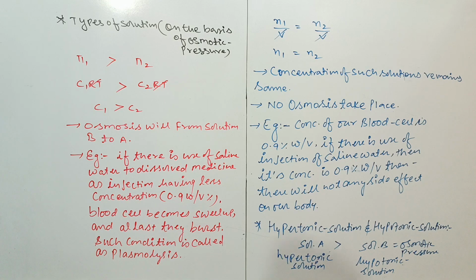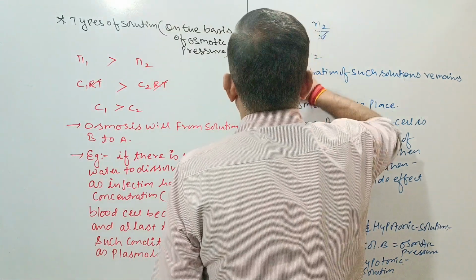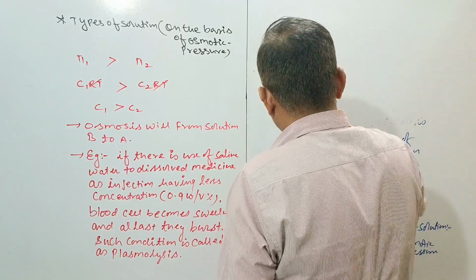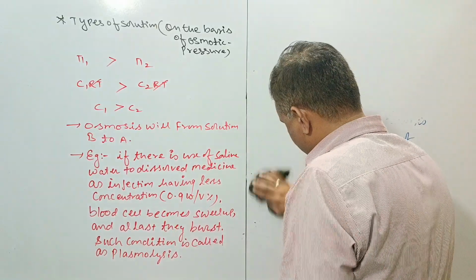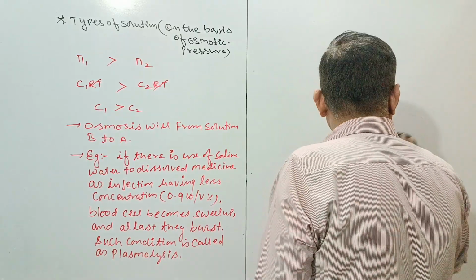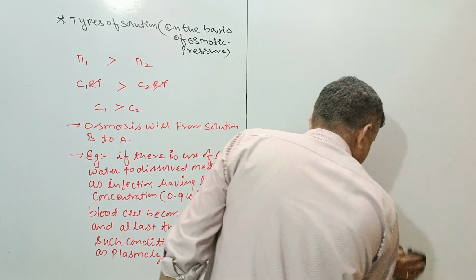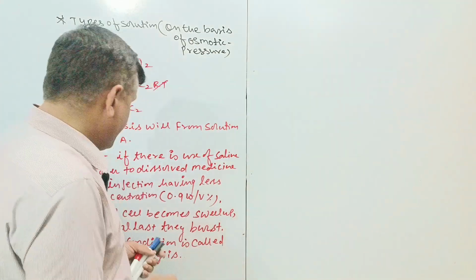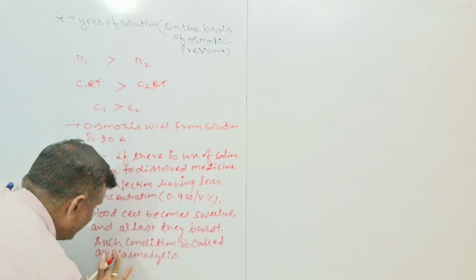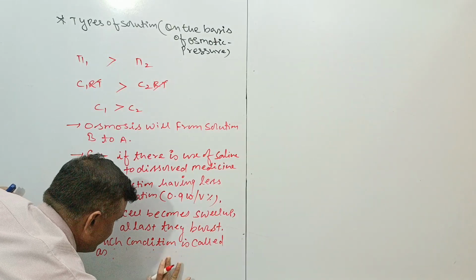Now the time to discuss the hypertonic solution. Listen to me carefully. Here is one of the mistakes: it will not be plasmolysis, it will be hemolysis, meaning bursting of RBC, which is called hemolysis.